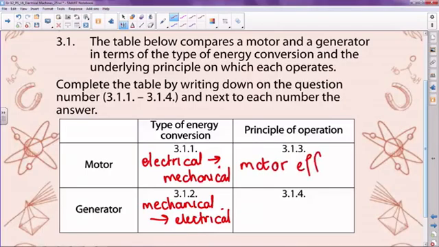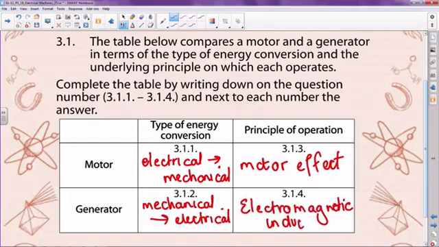It's called the motor effect. I think we can all remember that. There are times when we go, oh, look, they gave us an easy one. A generator works on electromagnetic induction. Electromagnetic induction. Nice and simple. Learn these. This is such a nice way to summarize motors and generators.